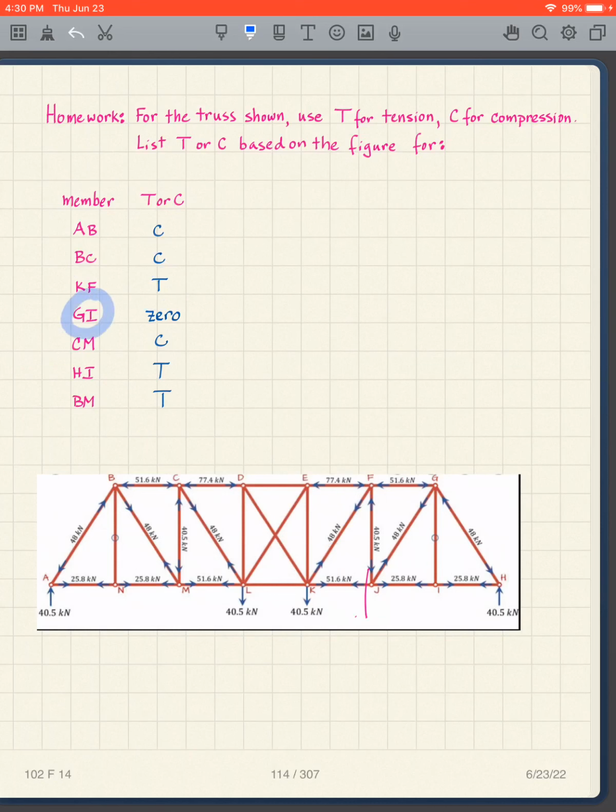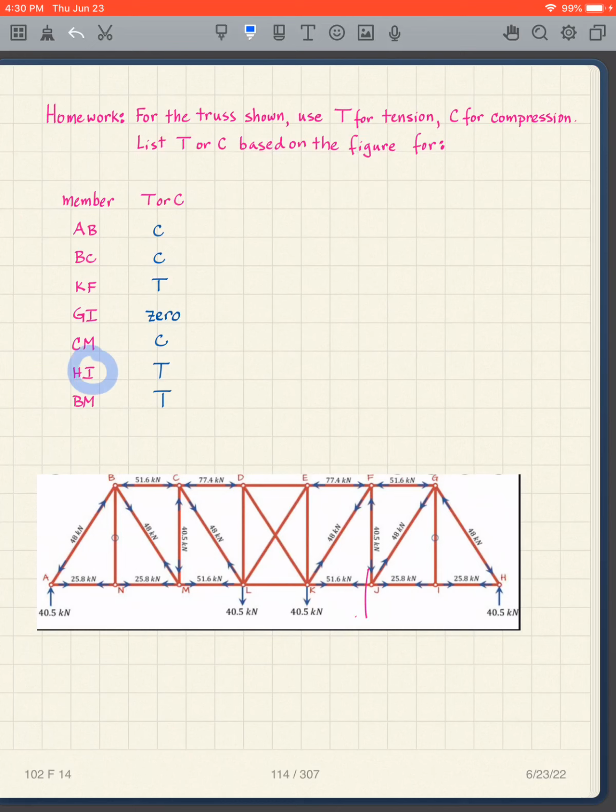GI, a little bit of a trick question. It's there, it's 0. CM pushes on point C, pushes on point M, compression.